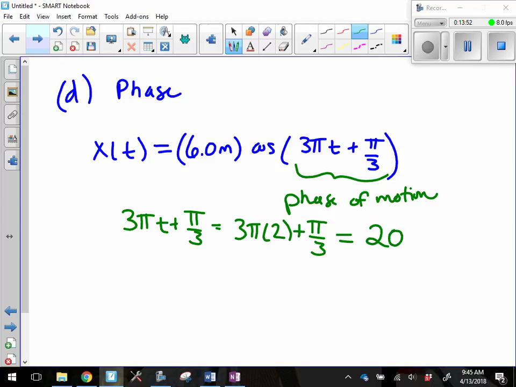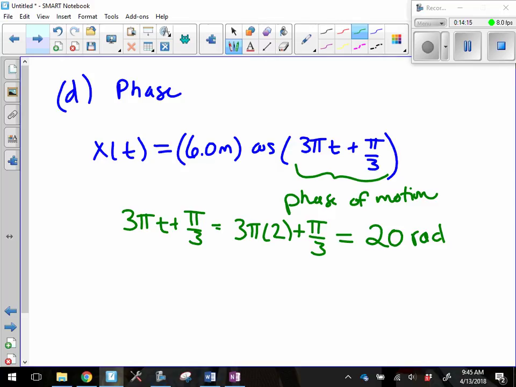What are my units? Well, just radians, actually. So that's going to give me 6 pi, which is about 18 and a bit, and pi over 3, which is about 1.